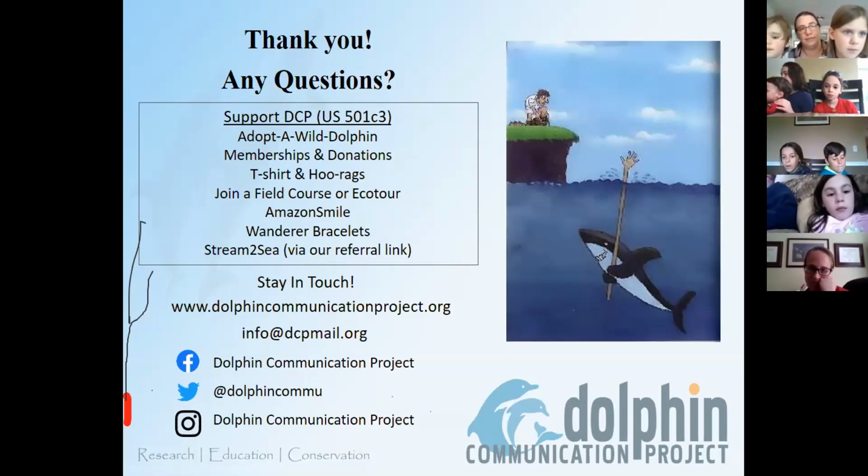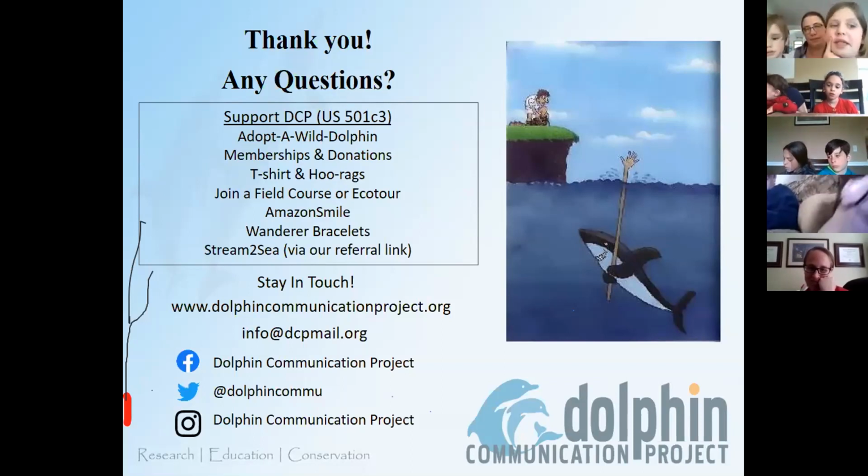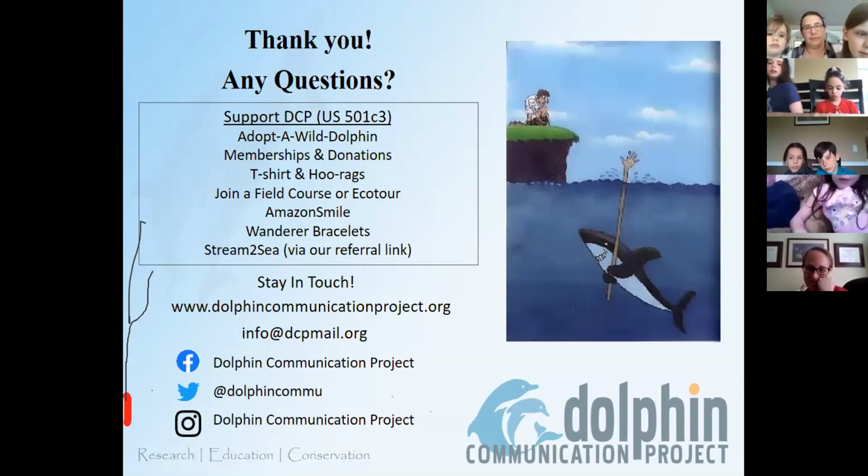And then there are the rest. I have to wait until I get back to my computer and pull up a snapshot of the video or a picture and compare it to the photo ID catalog and try to match up those spots and those scars.